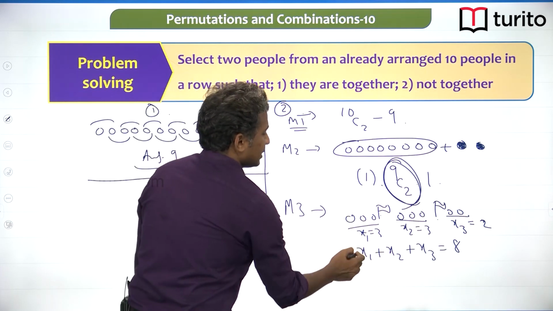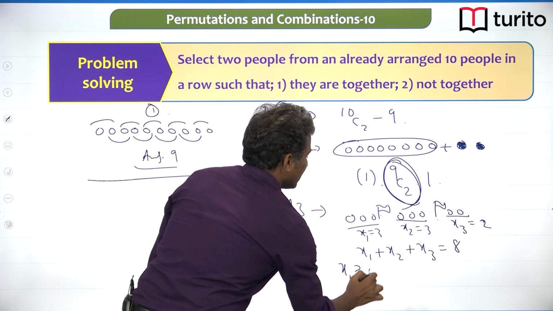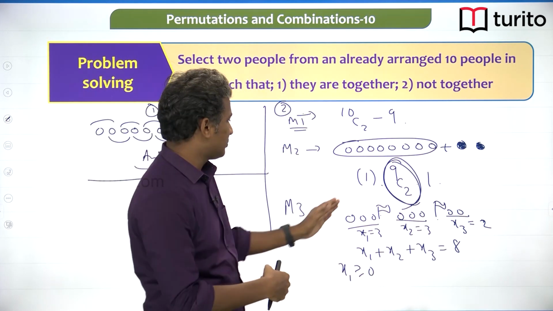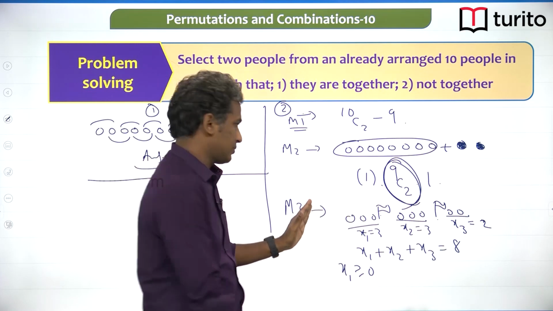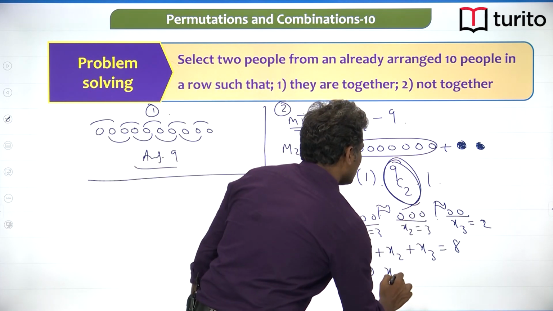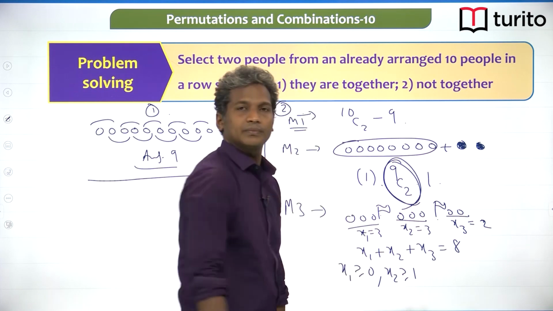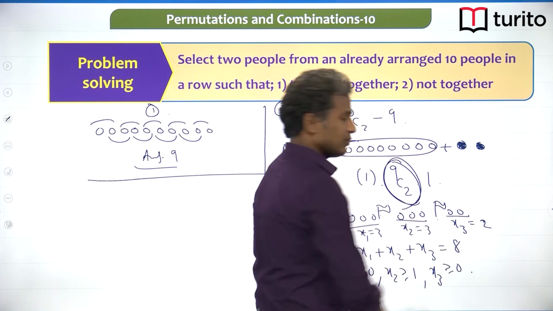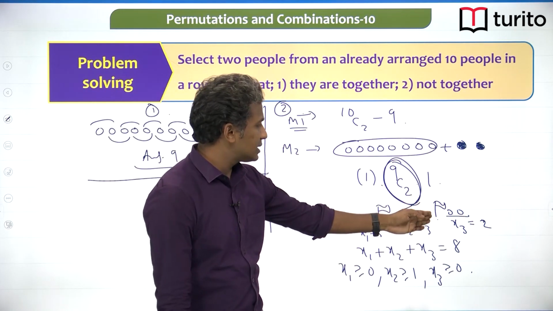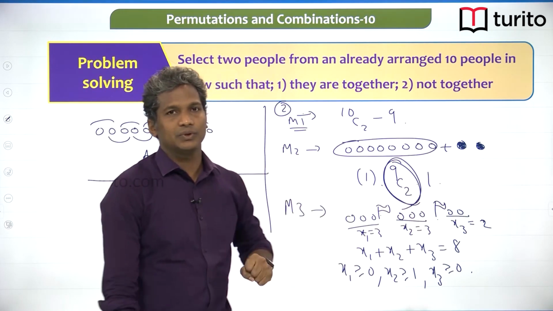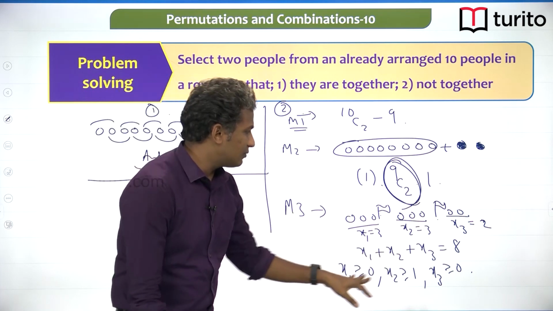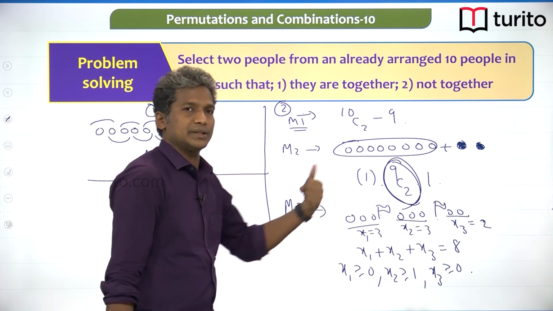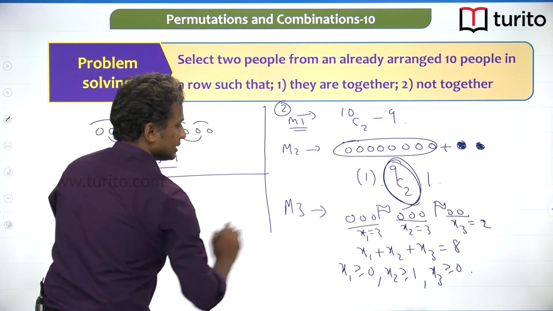The condition for x1 is that it can be non-negative, because the first flag can come in the beginning also. x2 has to be greater than or equal to 1, and x3 can be greater than or equal to 0 because the second flag can come at the end also. Subject to these conditions, try to solve this question; it is going to give you the same answer.